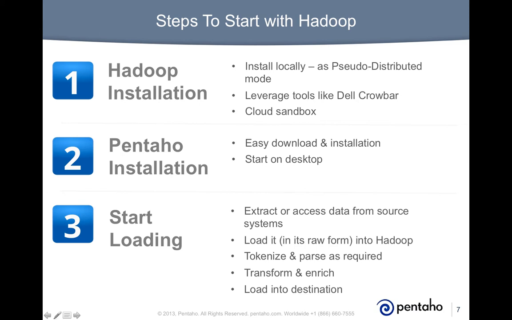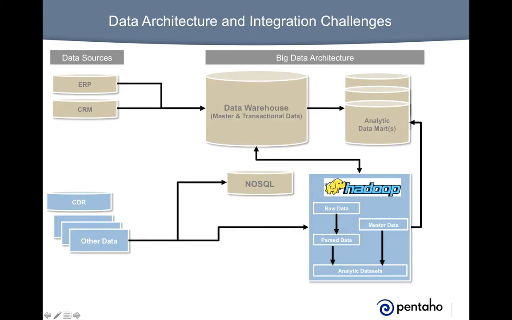And thirdly, you may want to start loading some data. It's either extracting or accessing data from your source systems. You probably don't want to load it in its raw form into Hadoop. You need to tokenize and parse it so that you can start working with it as you normally used to do with data in columns, transform and enrich that data, and then ultimately load it back into a destination so that from there on you can use it in any reporting infrastructure from analytics or just a simple input to other steps that you may want to perform.